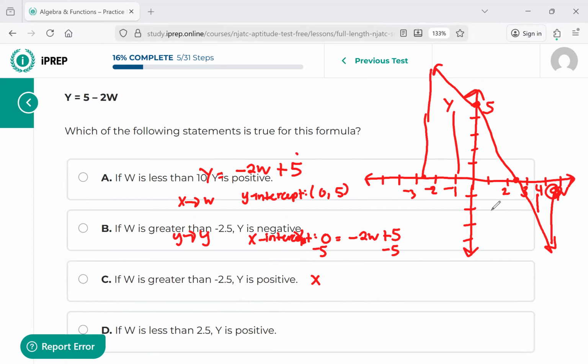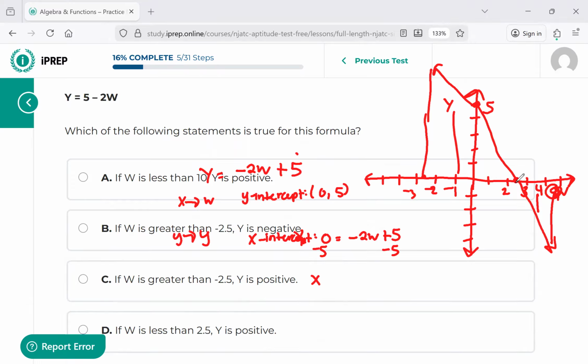Let's try D. If W is less than 2.5, so locate 2.5, it's right here, less than. So we like 2.4, 2.3, or even 2. It starts to get negative, like at 2.